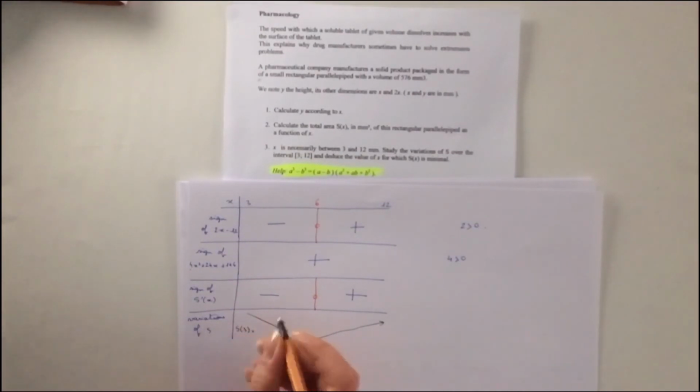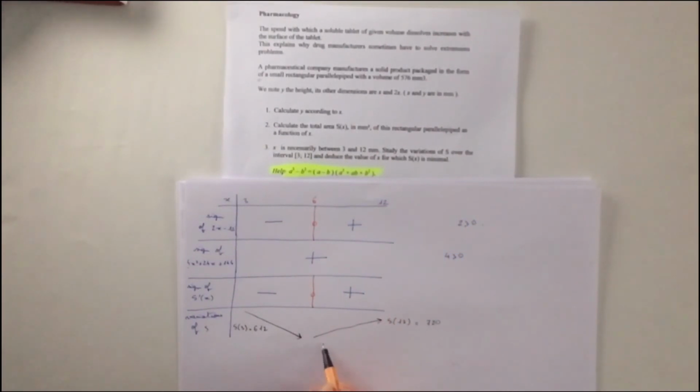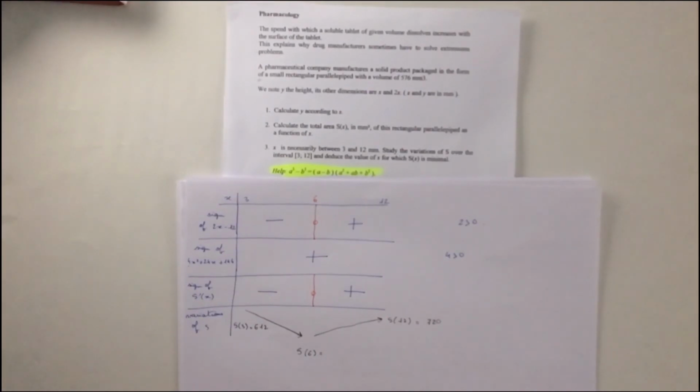We just need to calculate S of 3, which is 612, and S of 12, which is 720. And then we have the answer to our question, which is S of 6, which is 432. So in conclusion, S of x is minimal for x equal to 6.